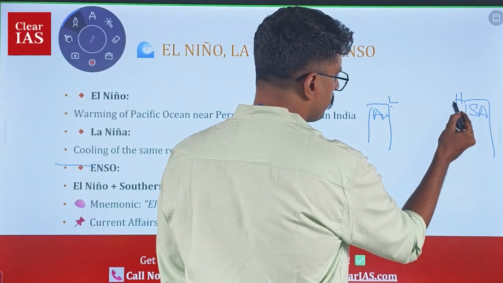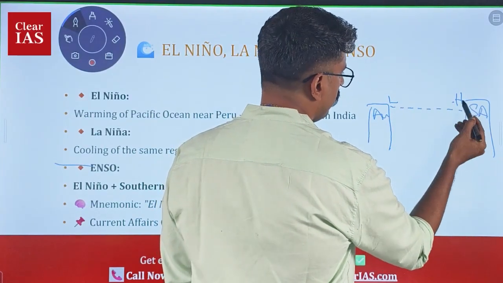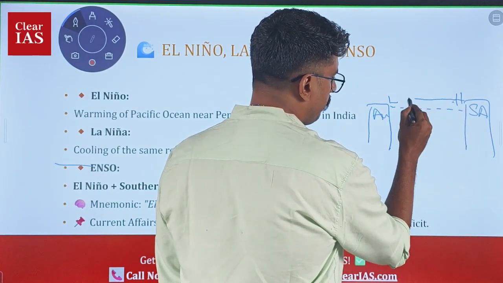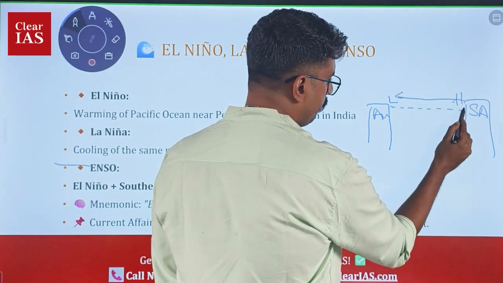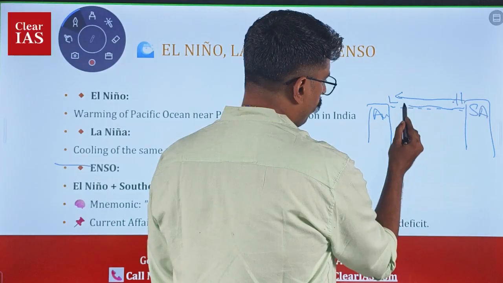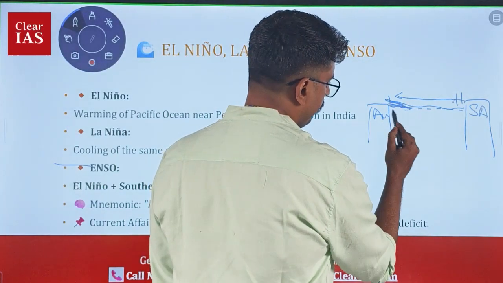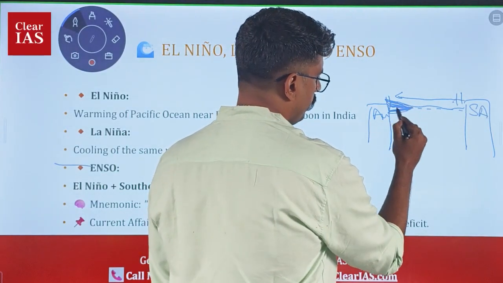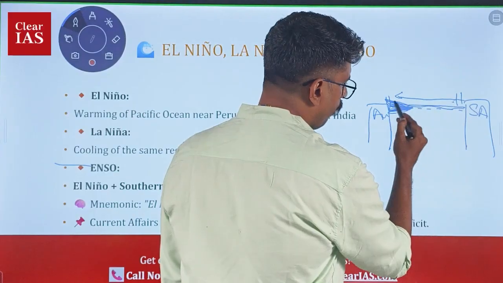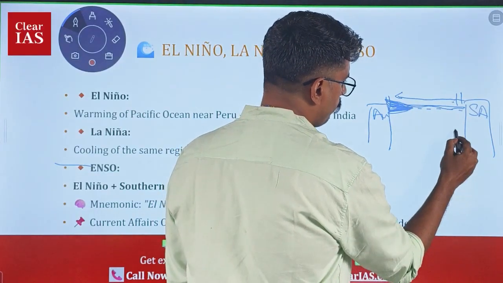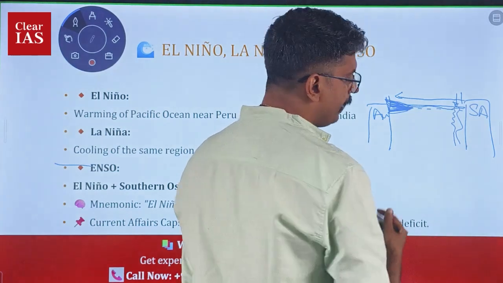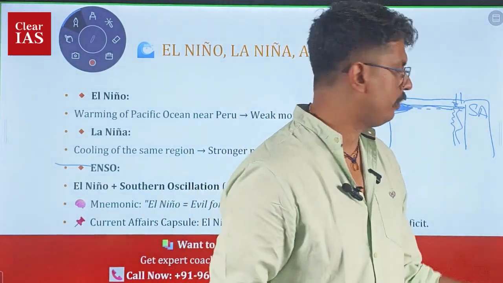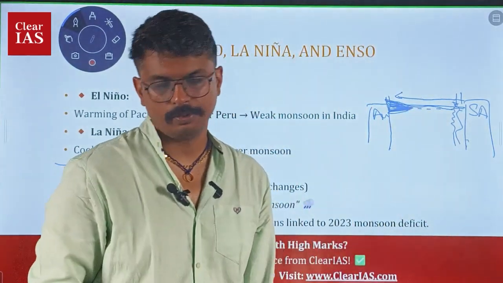The wind will always move from high pressure to low pressure, this is the ocean surface. And when the wind flows in this direction, it will push the water and the water will get accumulated on the coast of Australia. So when the upper layer water is removed, to replace that water, cold water will start rising from the bottom, bringing in nutrients, causing a good fishing season in South America.